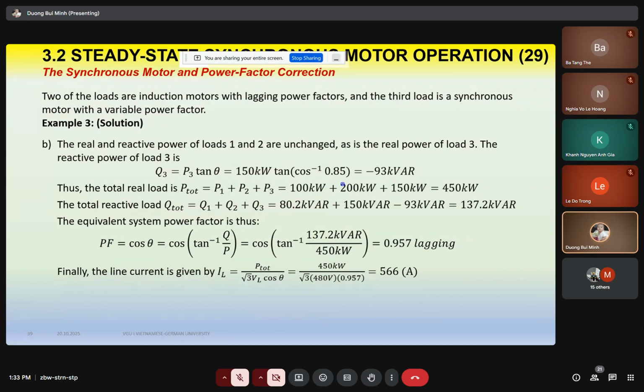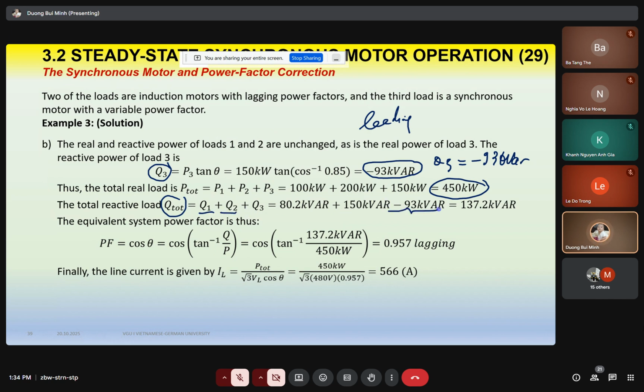Okay, so now question B. So question B is we have lead-in. So when we calculate Q3, because we have lead-in, you get the negative value, right? Q3 now is minus 93 kVAR. And we have the same total active power, but for total reactive power, Q1 plus Q2 minus Q3.